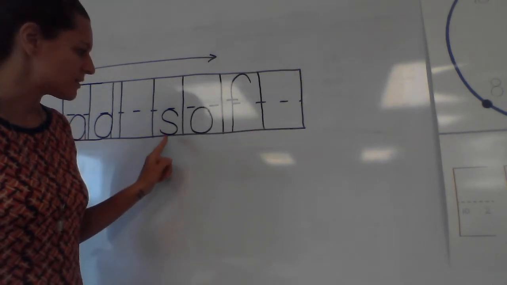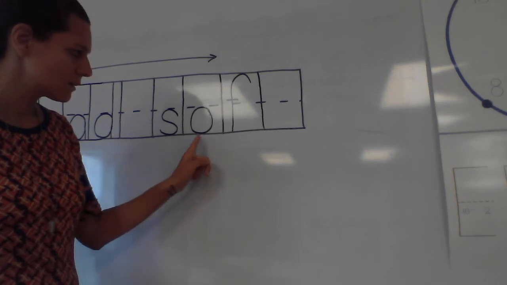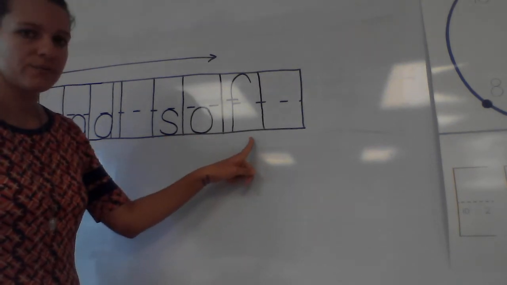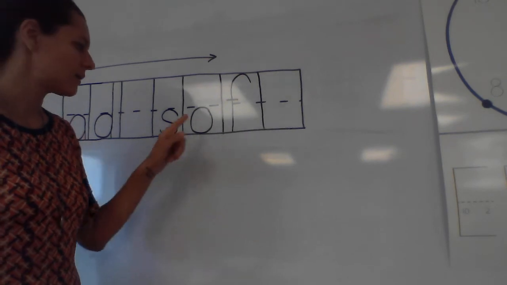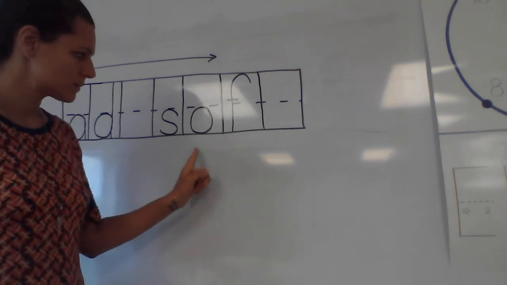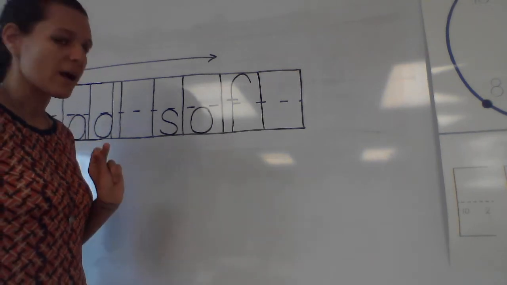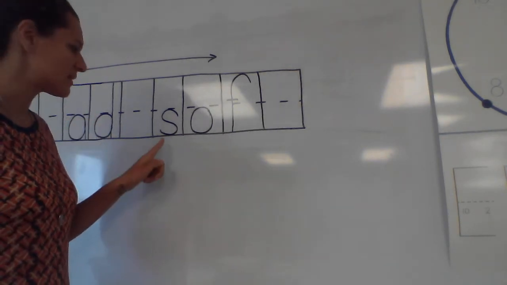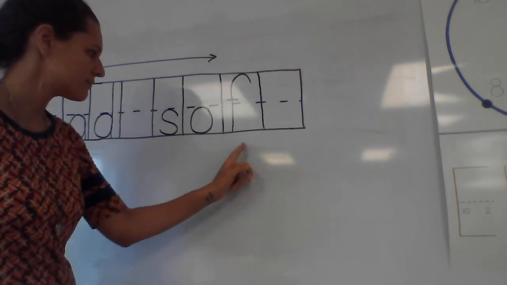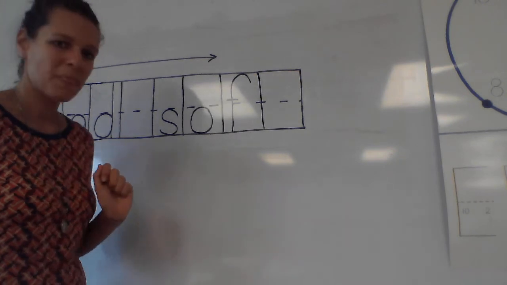So our sounds are what? Good, the sounds are s, ah, f. Let's put them together quickly now. Hopefully you're saying s, off, soft, soft.